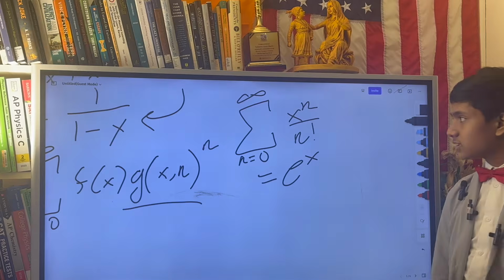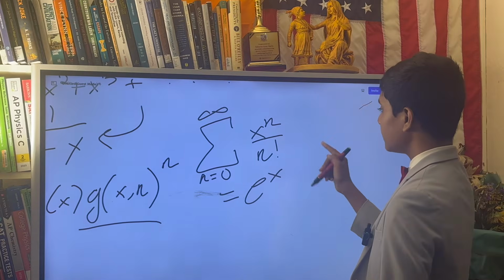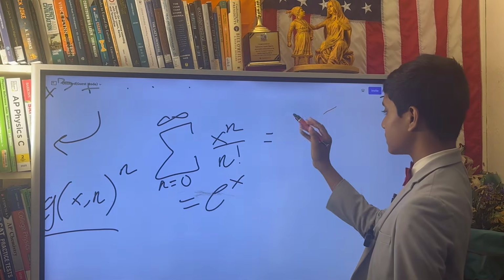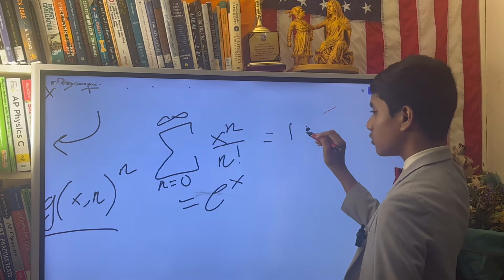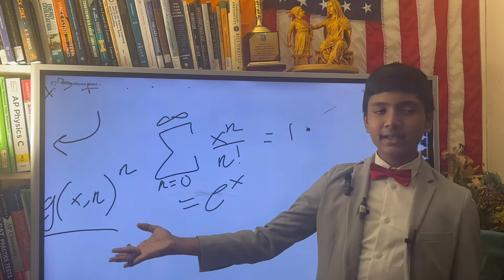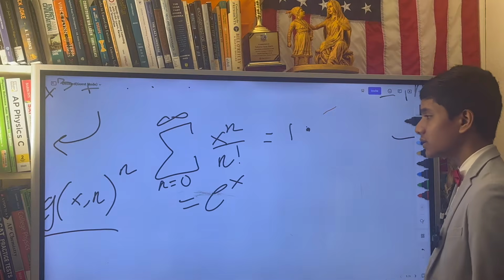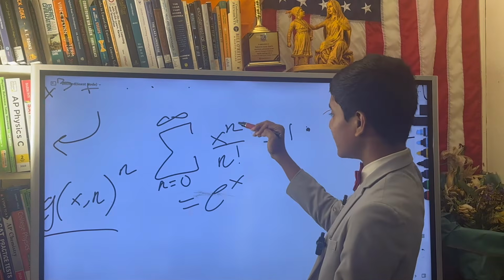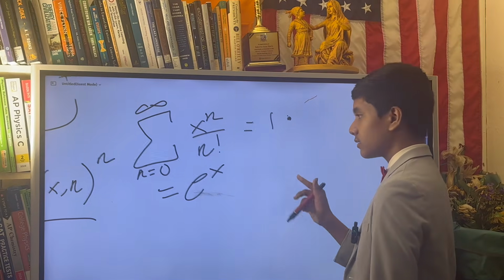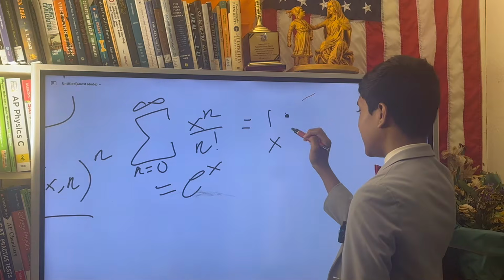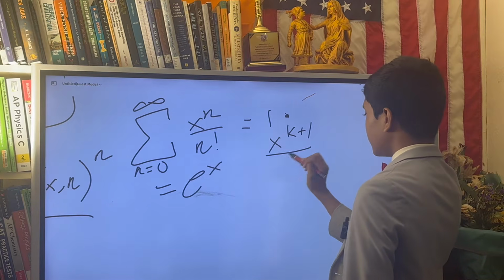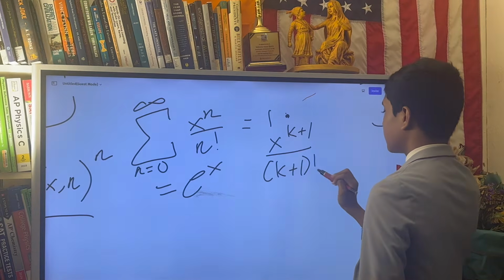Where's the evidence? Well, at the end of the day, f of x is 1, while g of x and n, to the nth power, is 1. Well, as n increases, what's happening? Let's take term k plus 1 and compare it with term k.